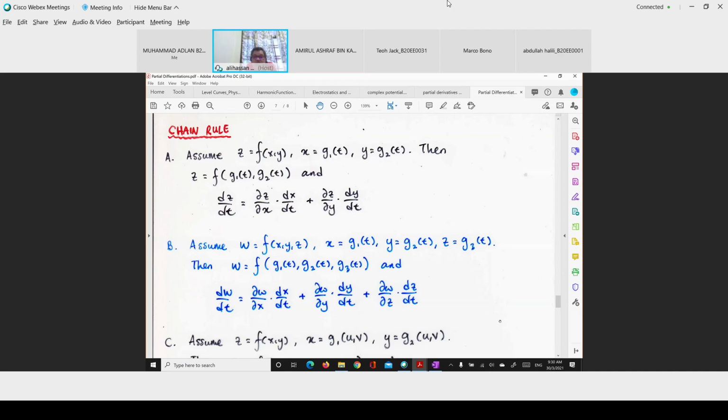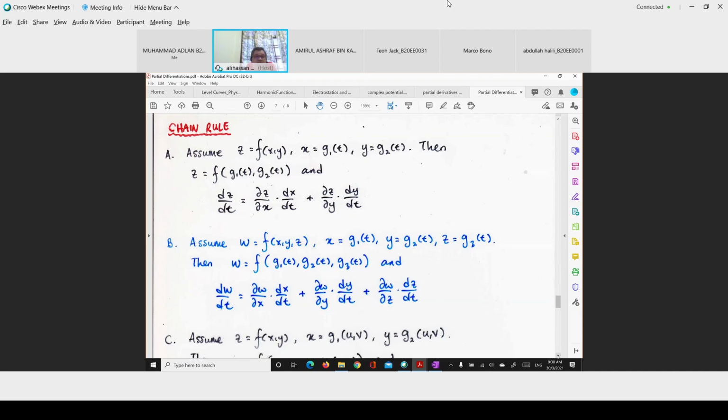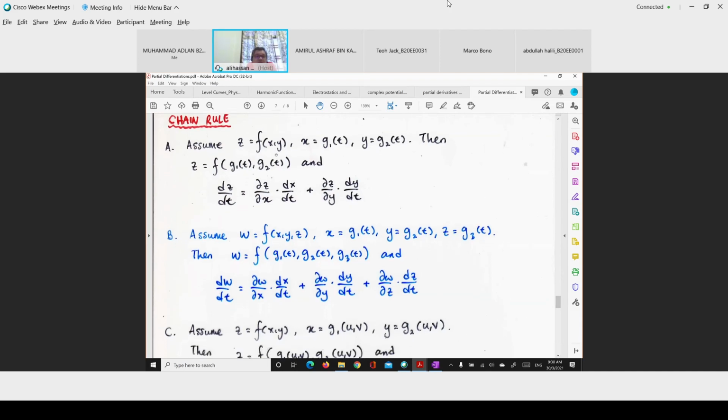And of course, case A, which was first related to a function of two variables x, y, can also be extended to a function of x, y, z, where x, y, z in turn depend on t.